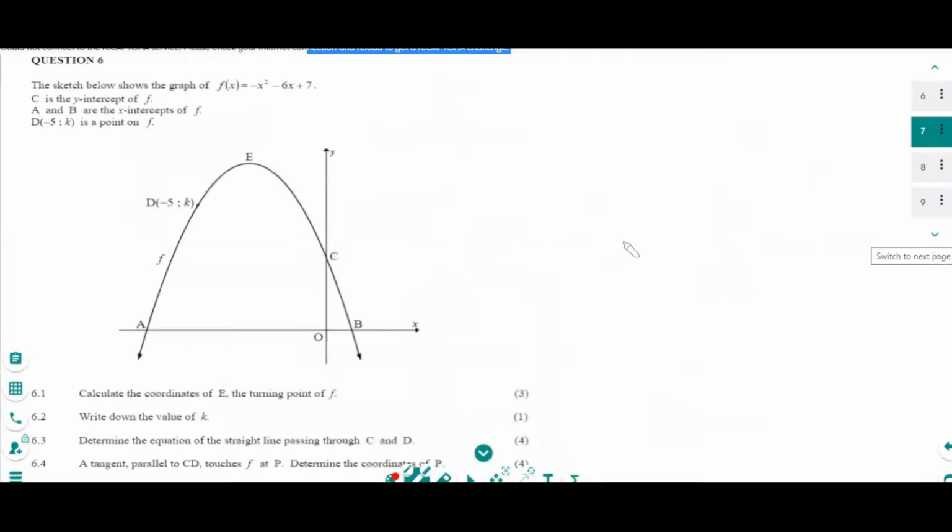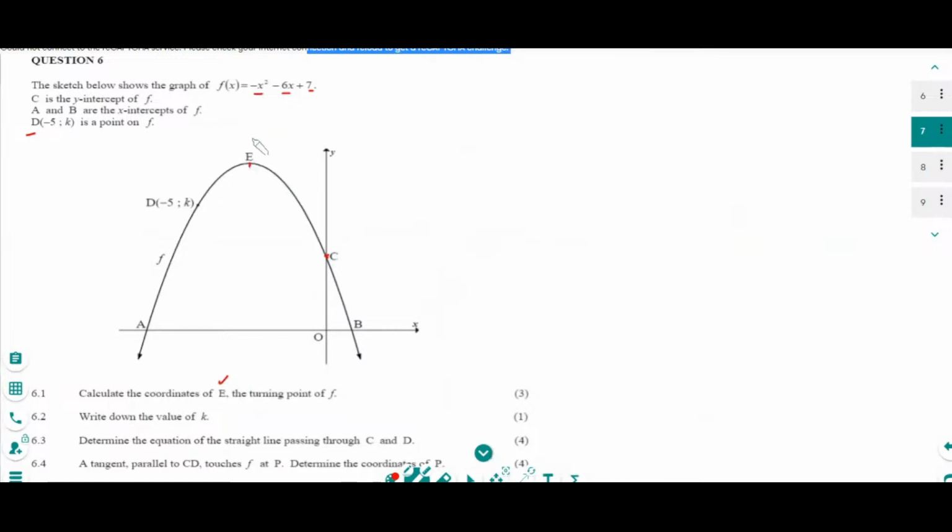And then question number 6. They are telling us that the sketch below shows a graph of f, where f is -x squared minus 6x plus 7. C is the y-intercept, A and B are x-intercepts, D is -5 and k, which is a point on f. Then they want the coordinates of E, which is the turning point.